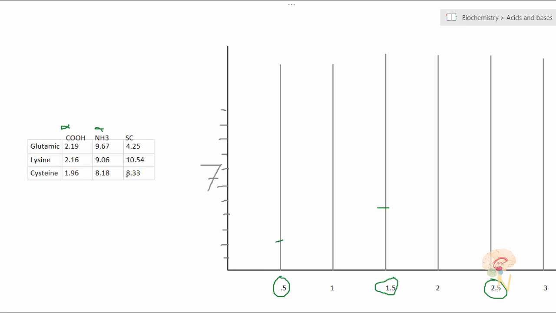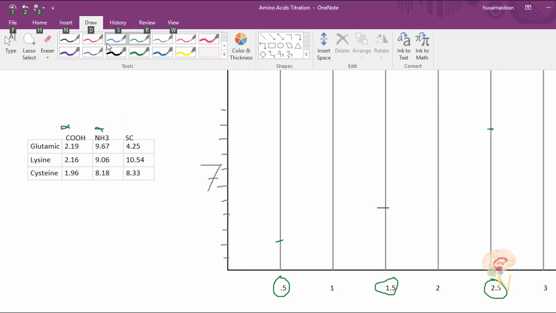It shouldn't be exact or accurate, just an approximation. Then 9.67, around here, in the color red.